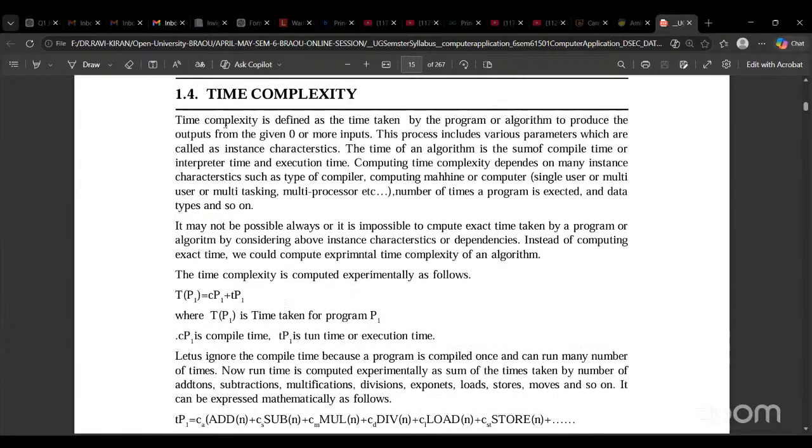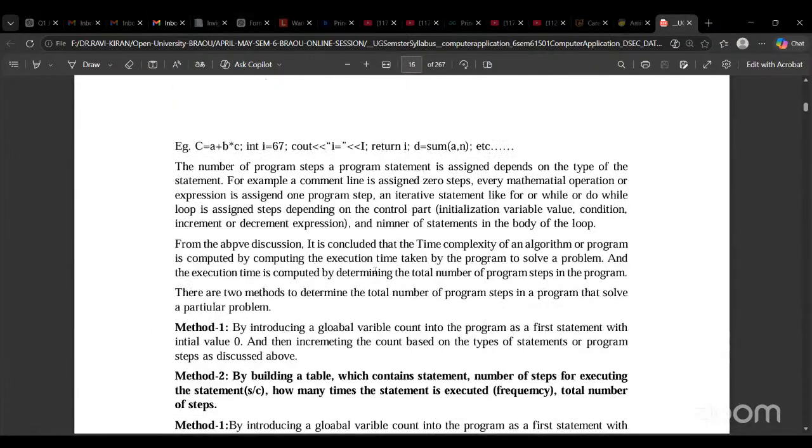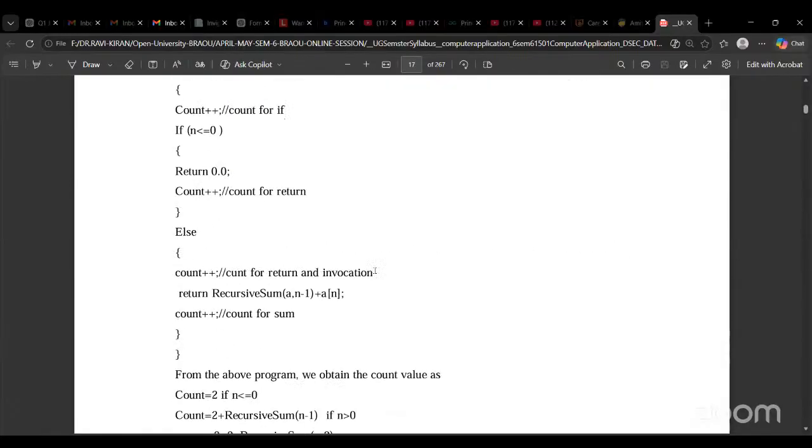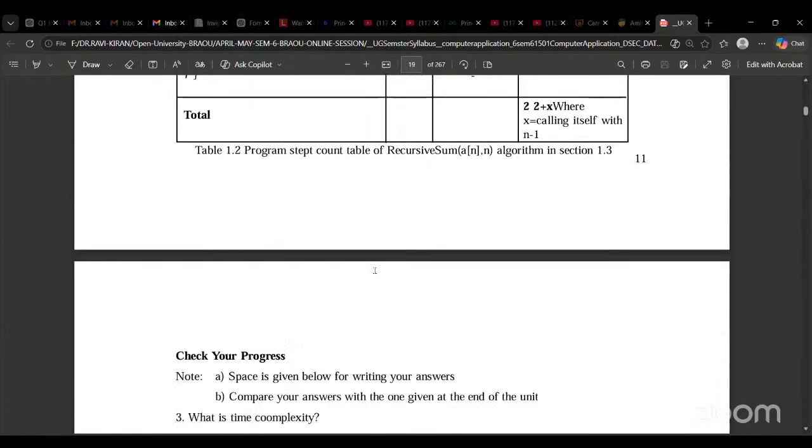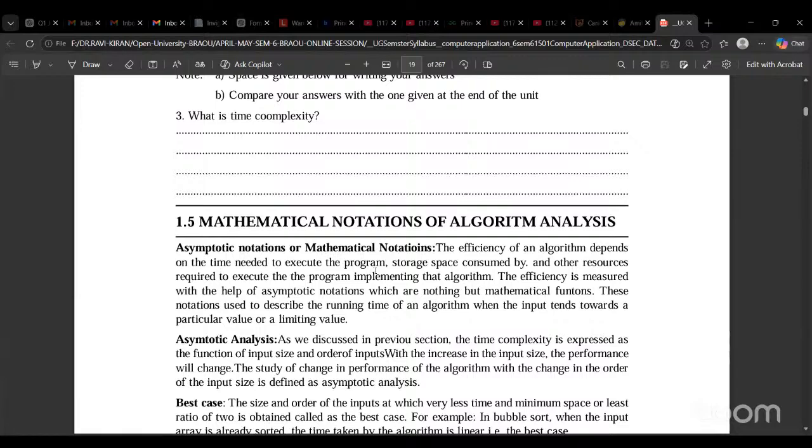And after that, we'll discuss time complexity also. With this we can conclude what space complexity and time complexity are. Later on we'll discuss mathematical notations of a particular algorithm. We'll continue in the next class tomorrow.